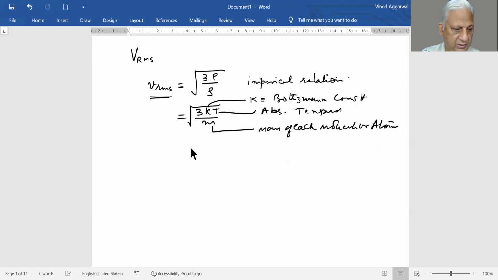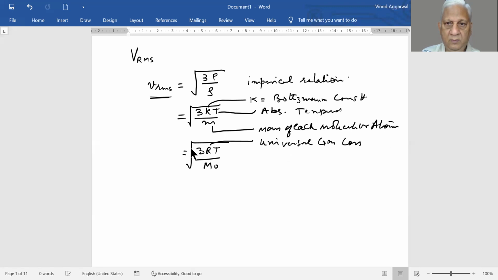It is also written as root of 3 RT divided by M0. R is the universal gas constant, T is absolute temperature, and M0 is molecular weight of the gas.